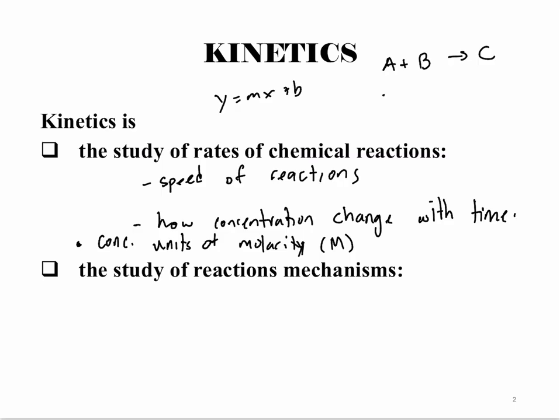Generally for concentration, the concentration of A is equivalent to just writing the brackets around A. If we write the brackets around A like that, in chemistry what we're referring to is the concentration of that species. So if we were to include the units of molarity, we could say the concentration of A is equal to 1.0 molar, for example. So that's a numerical value.